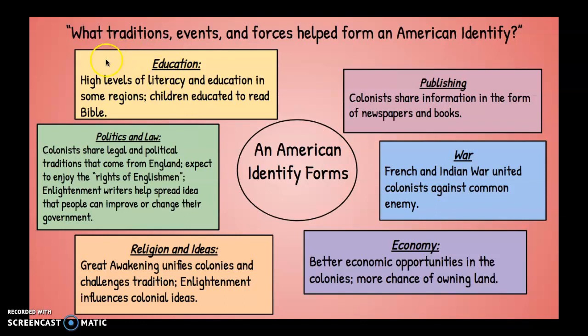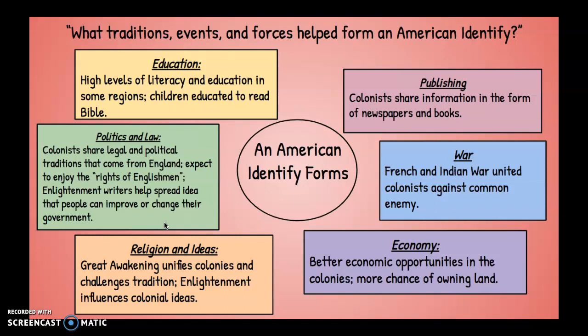In the green, it says politics and law. Colonists shared legal and political traditions that came from England. They expected to enjoy the rights of Englishmen, meaning like they had rights. Well, sooner or later, the colonists started to feel like those rights were being taken away by the British.